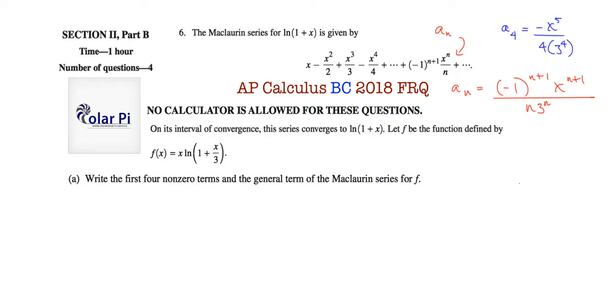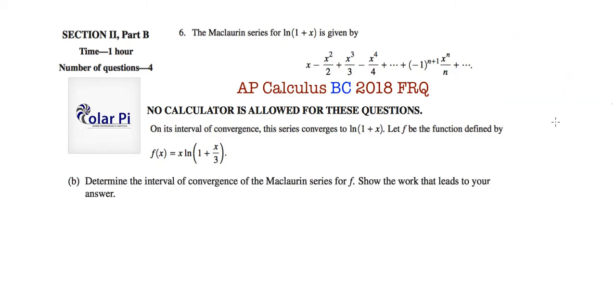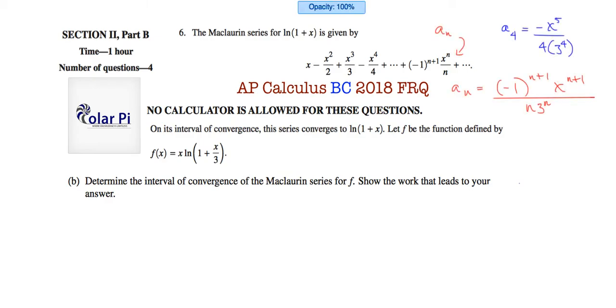Okay, so let's go to part B. Part B says, determine the interval of convergence for the Maclaurin series of f. I have to have part A showing, okay, there it is.